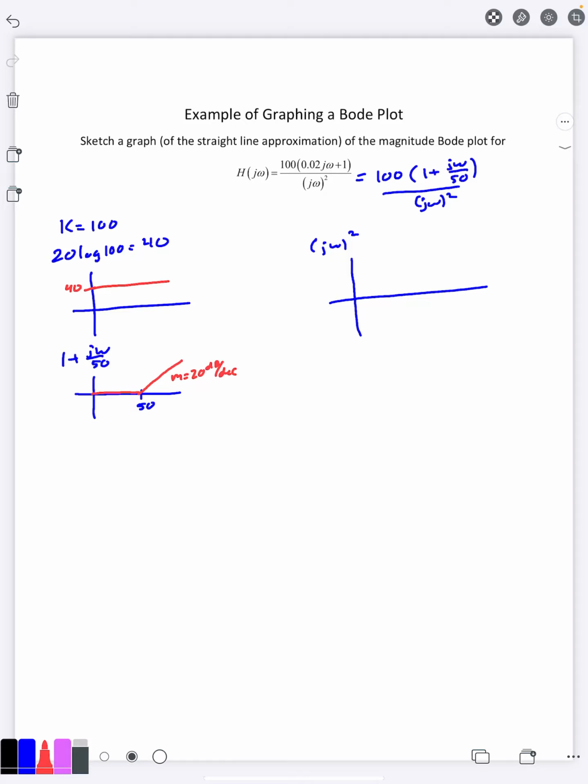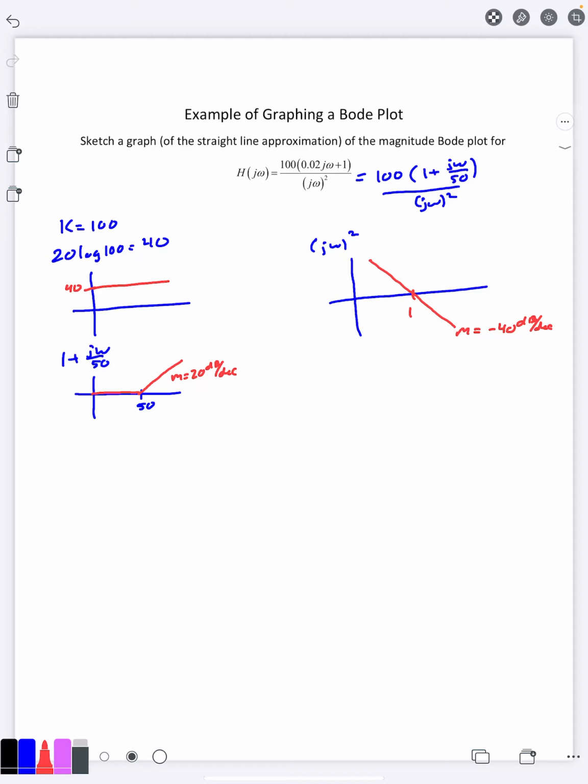Now, the default j omega has a slope of 20. J omega squared would have a slope of 40, but this is on the denominator, so it's going to have a slope of negative 40. And we know that at 1 is where it's going to pass the x-axis. It's going to have its x-intercept there.